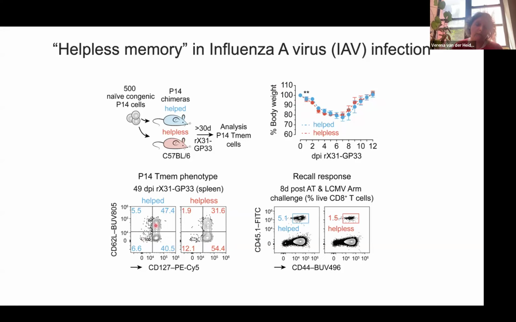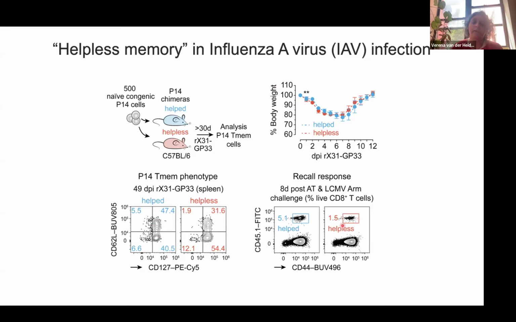But when you look at the phenotype of the memory compartment, the help mice obviously have mostly a TCM phenotype, and very few cells that are more differentiated TEM, whereas the helpless mice, in accordance with the previous LCMV data, have less TCM and more TEM. And when you actually take these cells and perform a recall response experiment, we see the same as for the LCMV system.